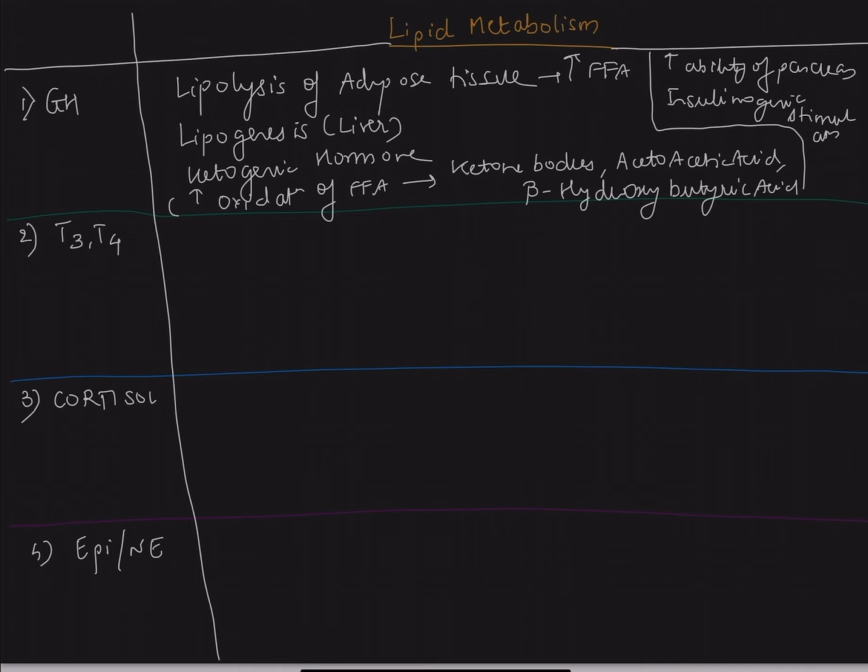That means agents which increase insulin release. So GH will increase the ability of the pancreas to respond to these agents. Which agents? The agents which increase the release of insulin from the pancreas. The examples are arginine, which is an amino acid, glucose, and many more.